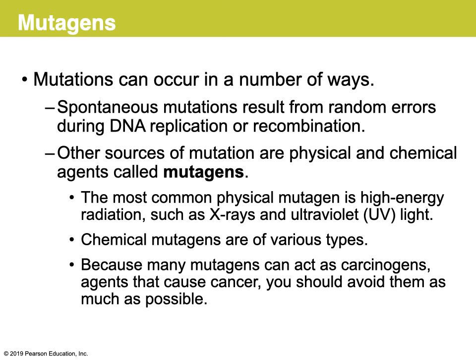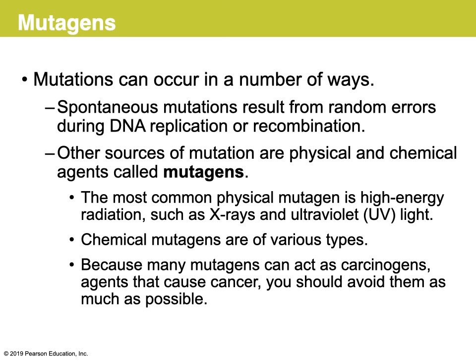Other sources of mutation are physical and chemical agents called mutagens, right? Gen referring to creating something, right? So a mutagen generates mutations. A pathogen generates disease, right? Pathology. The most common physical mutagen is high-energy radiation, right? So if you go past the visible spectrum, you've got things like X-rays and ultraviolet light.